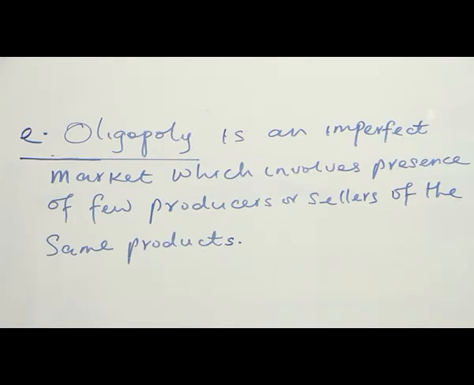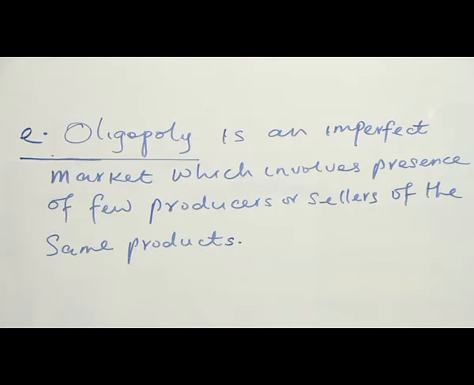When we go back to the four that we have explained: monopoly, monopolistic competition, duopoly, monopsony, right? E is the only one that we can say is in reality, while the rest that we have explained are just theoretical.